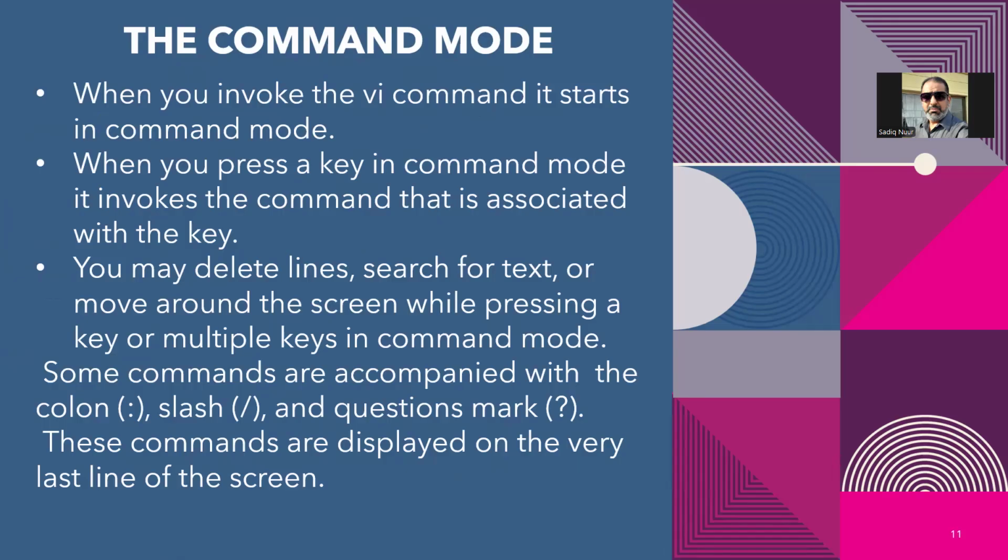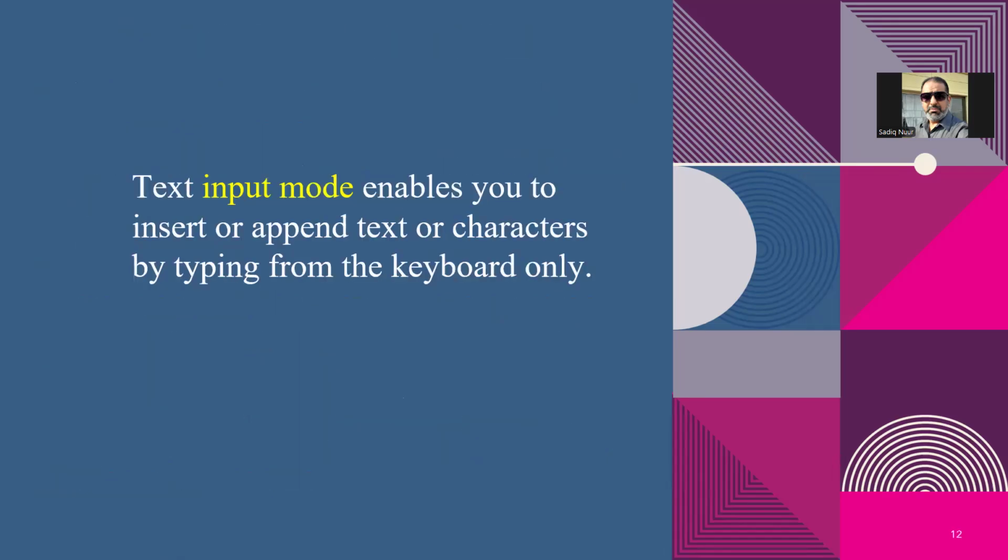Some commands are accompanied by a colon, a slash, or a question mark. These commands are displayed on the very last line of the screen in VI. So what about the text input mode? The text input mode enables you to insert and append text or characters by typing from the keyboard only.